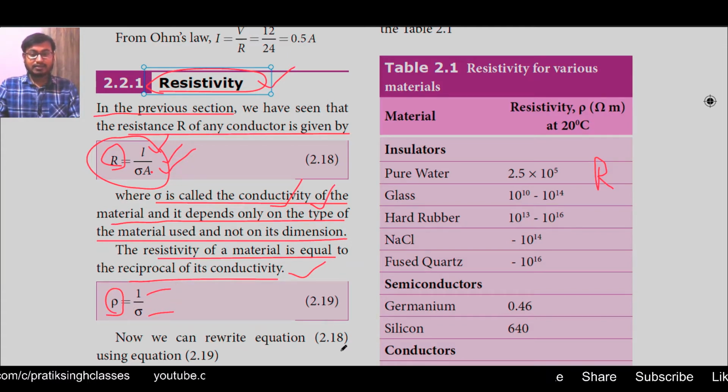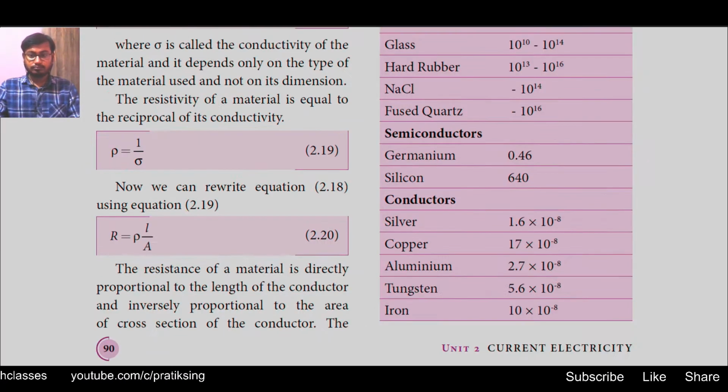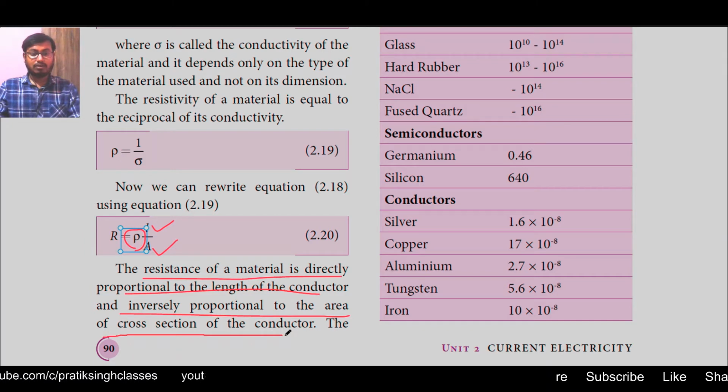Now we can rewrite equation 2.18, R = L/(σA), using equation 2.19 in the following form: R = ρ L/A. That is, resistance is equal to resistivity into length of the conductor divided by cross sectional area of the given conductor. The resistance of a material is directly proportional to the length of the conductor and inversely proportional to the area of cross section of the conductor, as given in equation 2.20.